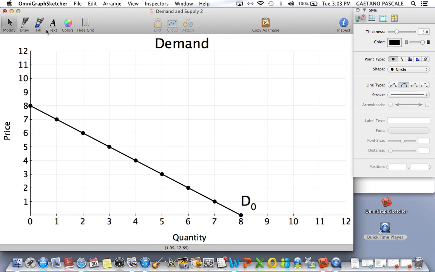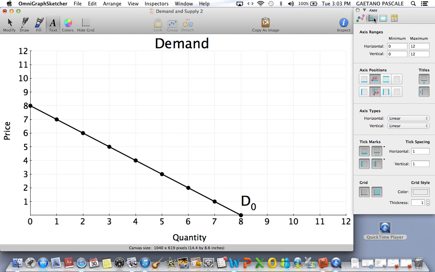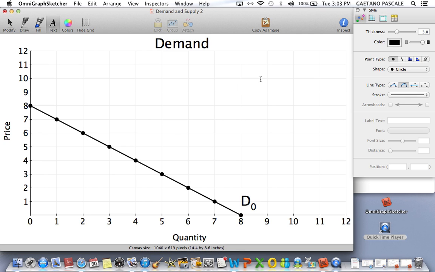Make sure you remember some of these determinants. So some of the determinants of demand. I already discussed income. If income changes, the demand curve is going to shift. We're going to have a change in demand.